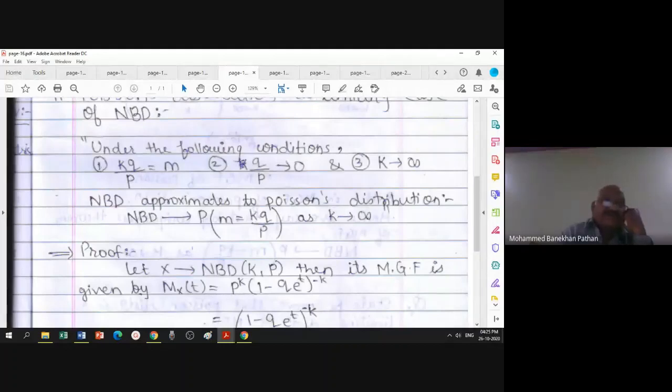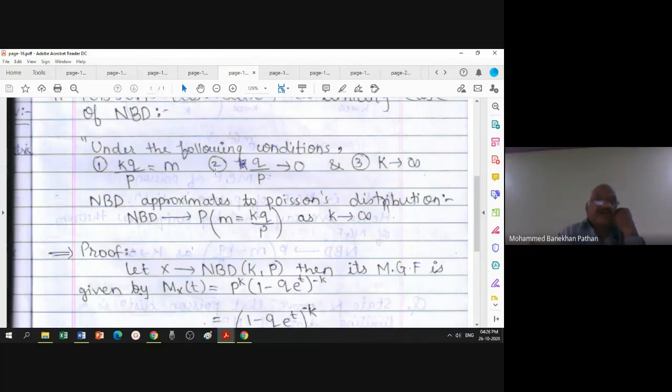So what does the first condition say? The mean of NBD should be equal to the mean of Poisson. m is the mean of Poisson. So the first condition says the mean of NBD coincides with the mean of Poisson.